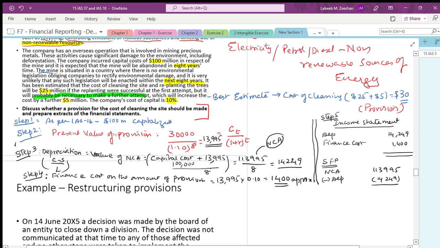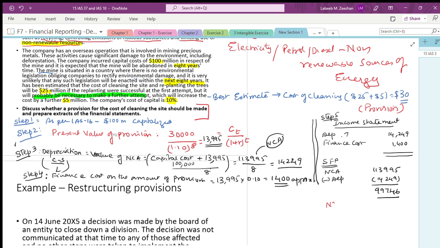How much will you get? 113,995 minus 14,249. How much? 99,746. 99,746.